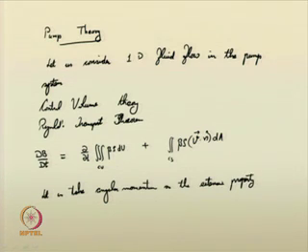So, let us take angular momentum as the extensive property. Angular momentum is a vector, so you can suggest H as the angular momentum.